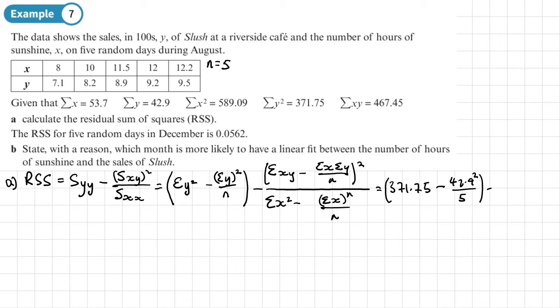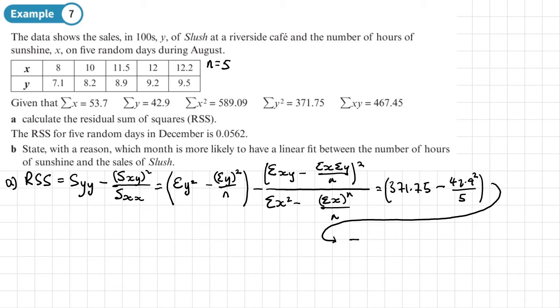The sum of XY, which is 467.45, minus the sum of X times the sum of Y, I think we are going to run out of space. So I'll tell you what, let's do that down here. So this carries on like this.